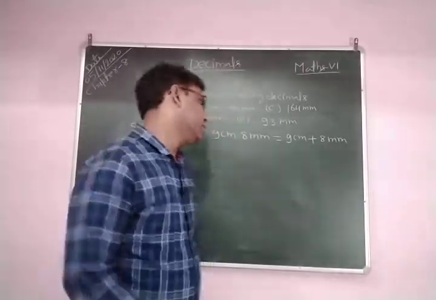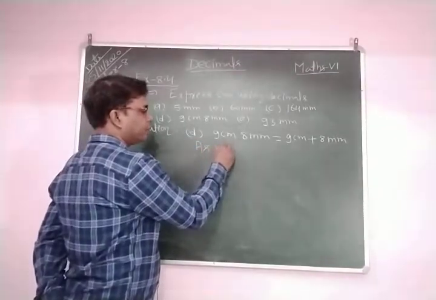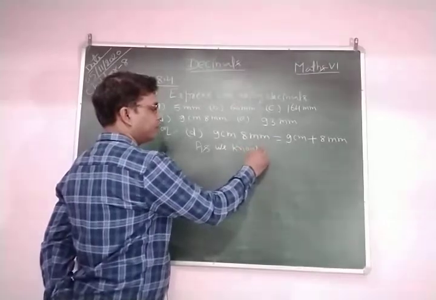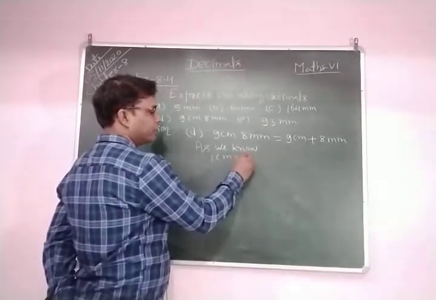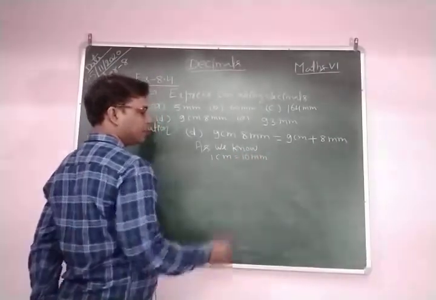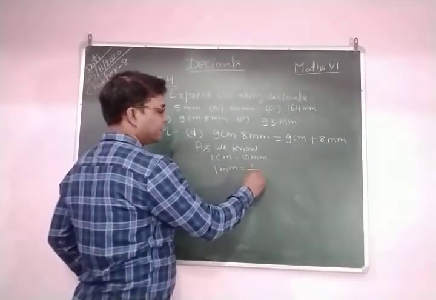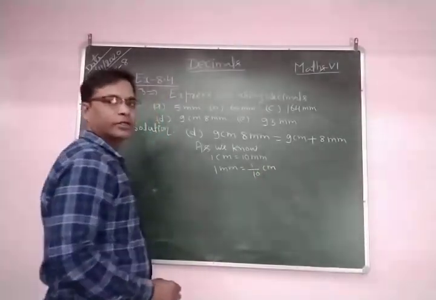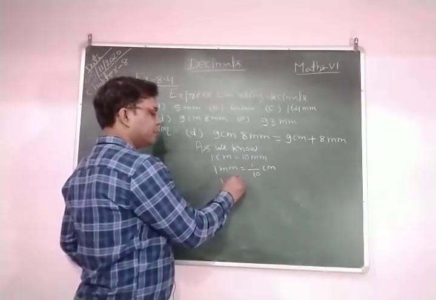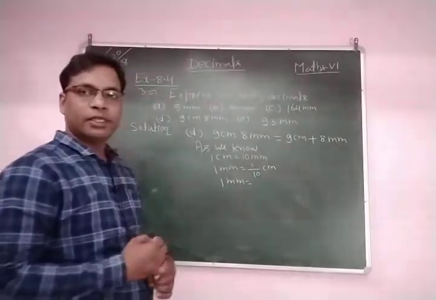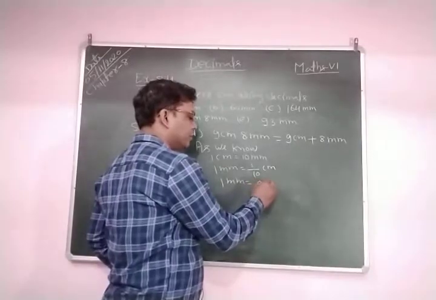As we know, 1 centimeter is equal to 10 millimeters, or 1 millimeter is equal to 1 by 10 centimeters. Expressing 1 by 10 as a decimal, we obtain 0.1 centimeter.